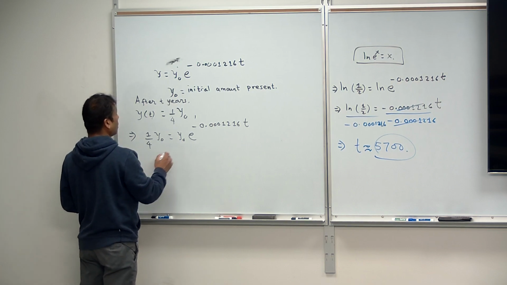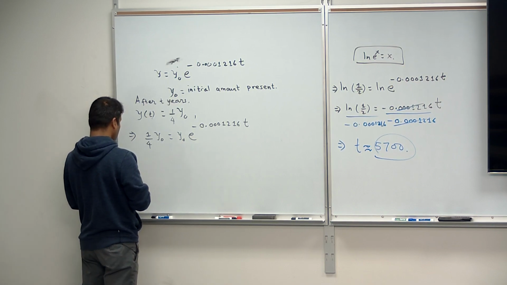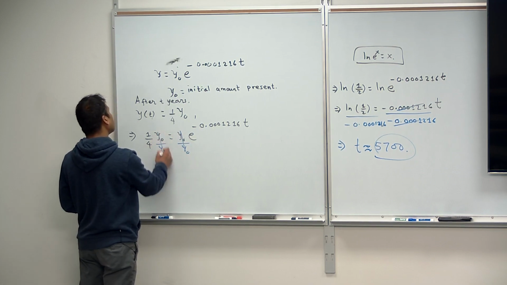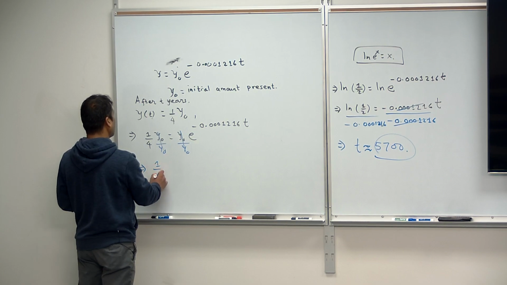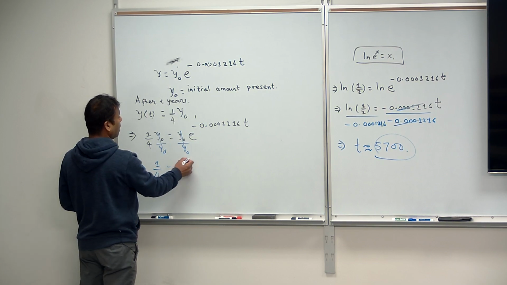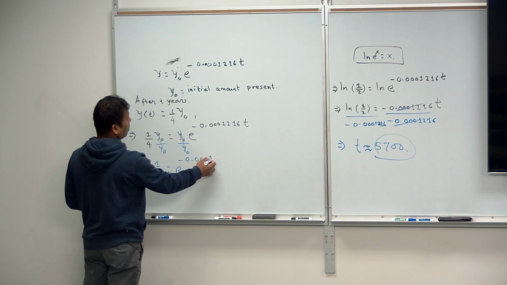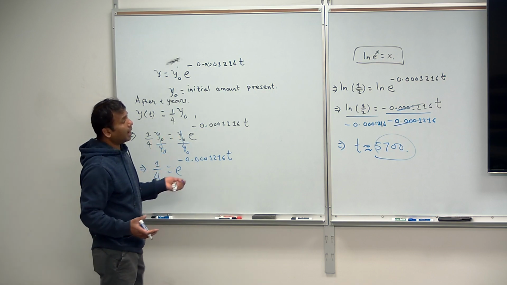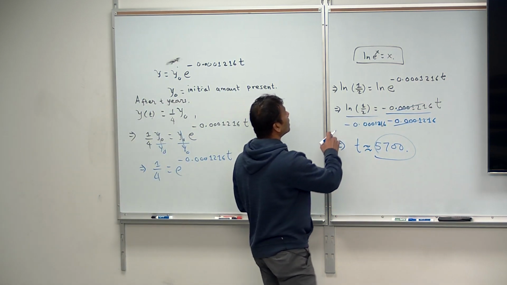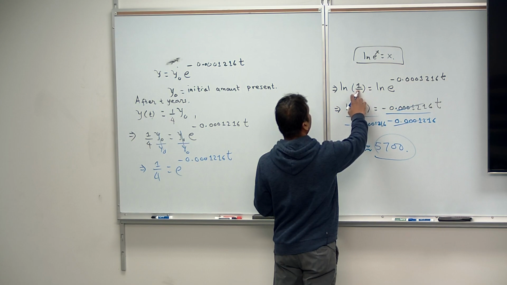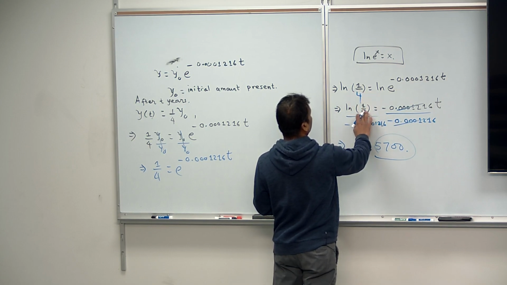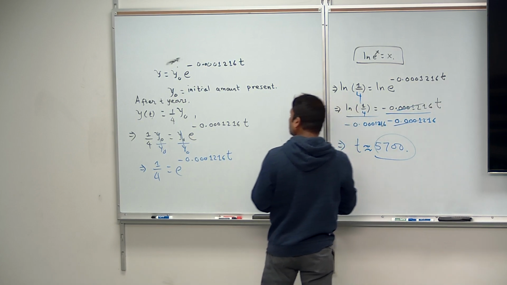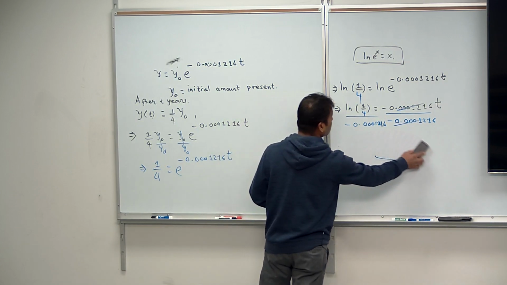Divide both sides by y sub 0, so it cancels. You have 1/4 equals e to the power negative 0.0001216t, and then take ln on both sides. The only difference is that here you have 1/4. That makes sense? Did you guys get it?